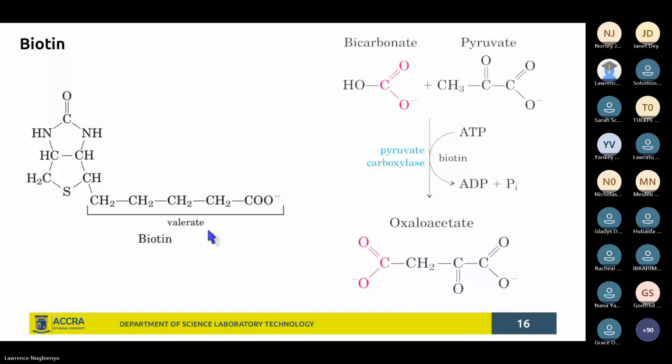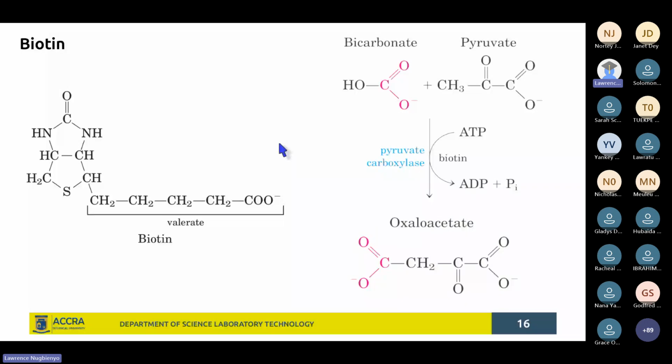Biotin. Biotin is another vitamin B that we saw, which is also involved in the transfer of carboxyl groups. We did see it in the table, but here we are looking at a reaction to see how biotin actually carries out its function.